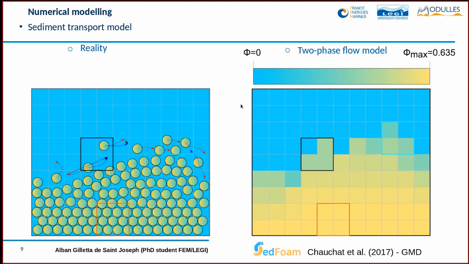It evolves continuously from the water at the top in blue to the deepest part of the bed, where it's all yellow and you have a maximum solid volume fraction, which is equal to 63%. And the model that I use is called SedFoam.